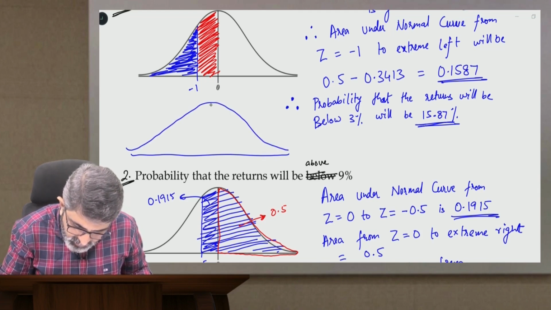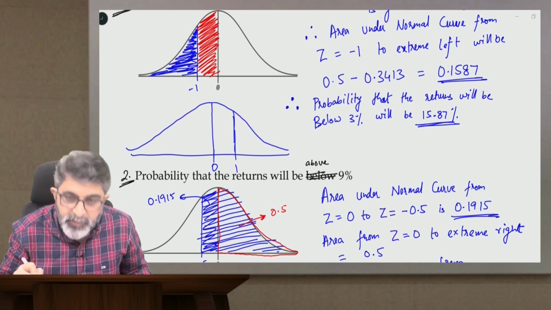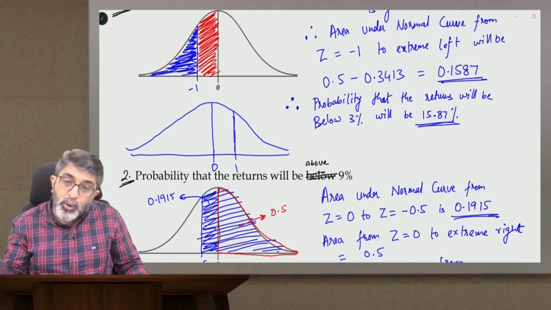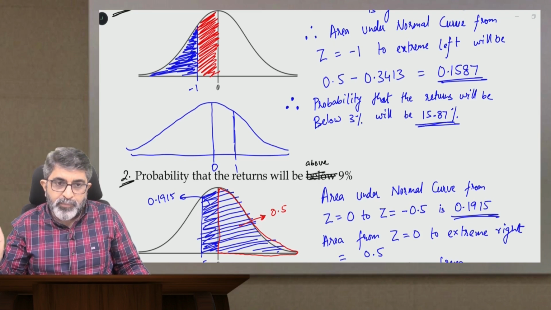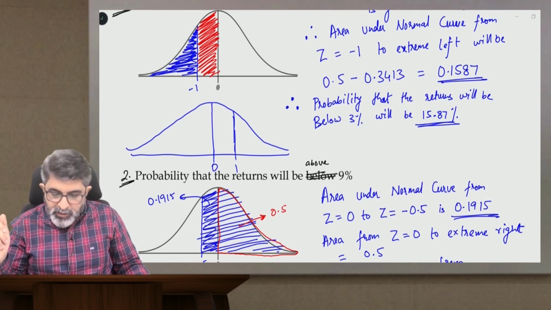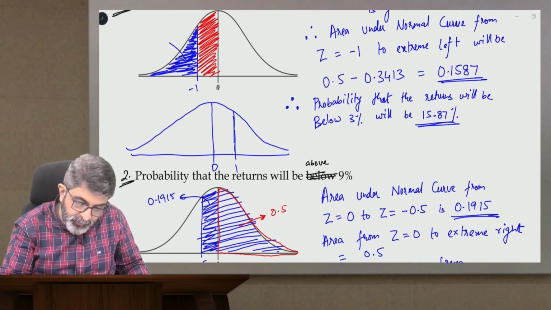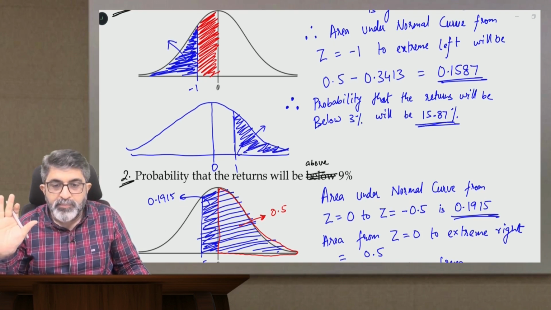Something like this. This is the center. I identify this is 0, this is 1. We want the probability that the returns will be below 3%. But because Z values are always on the positive side, this blue area and this blue area, can we agree that both will be the same? They both will be the same, correct or not?